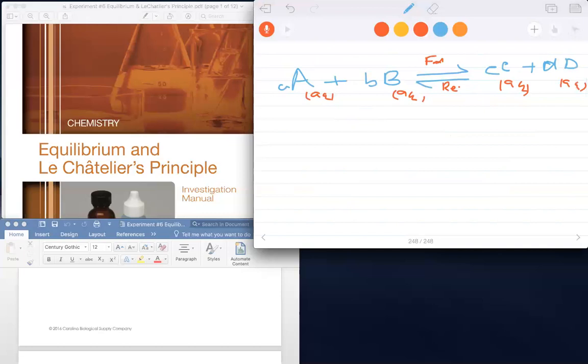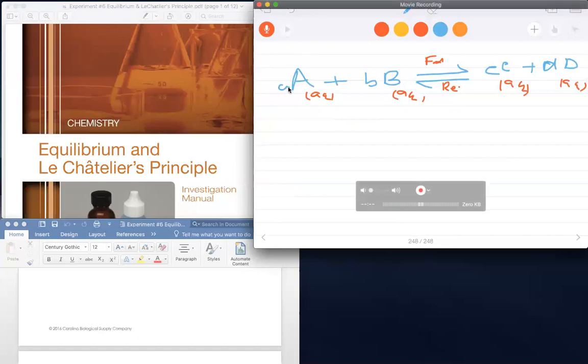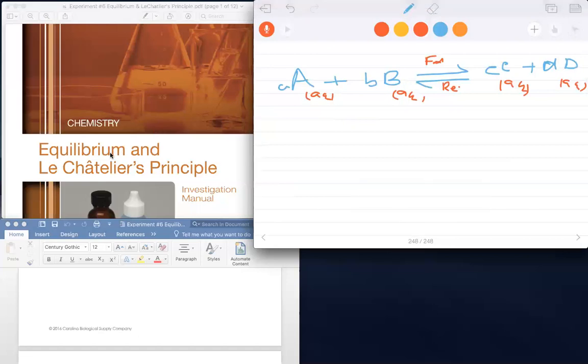When the rate of the forward reaction equals the rate of the reverse reaction, we say that the system is at dynamic equilibrium. With one arrow, that means there will be essentially no reagents after the reaction is complete.